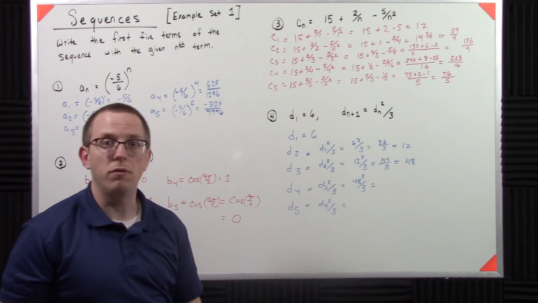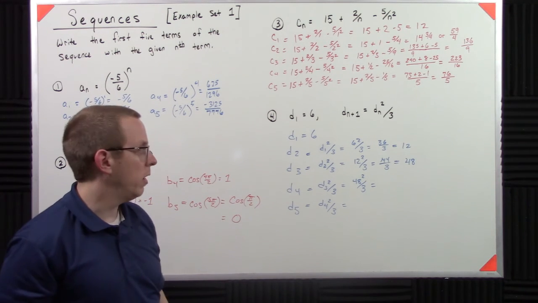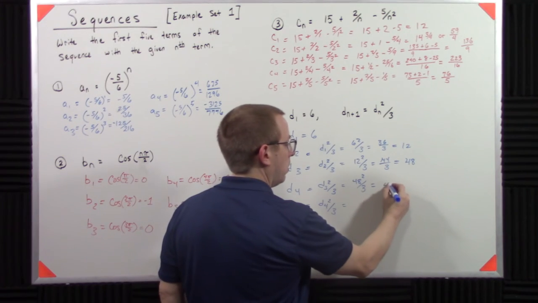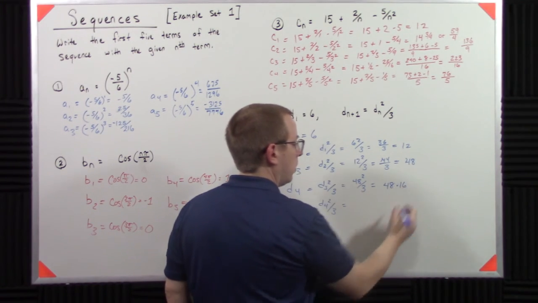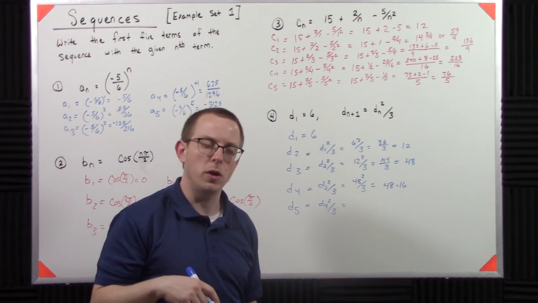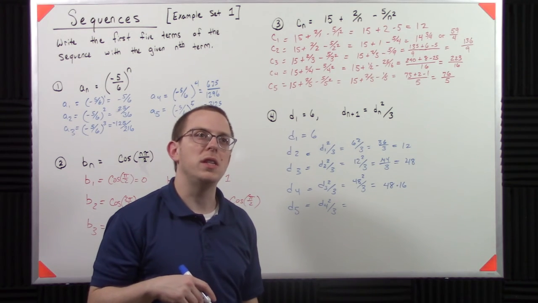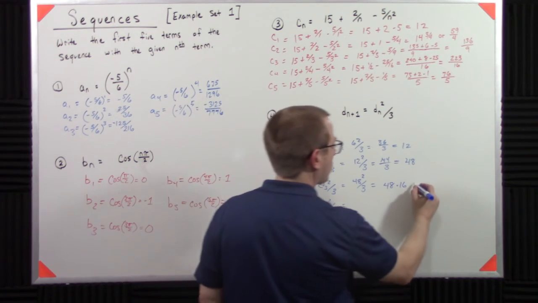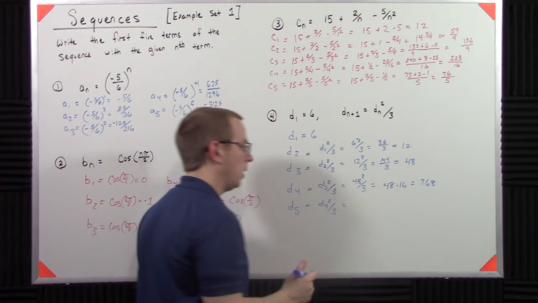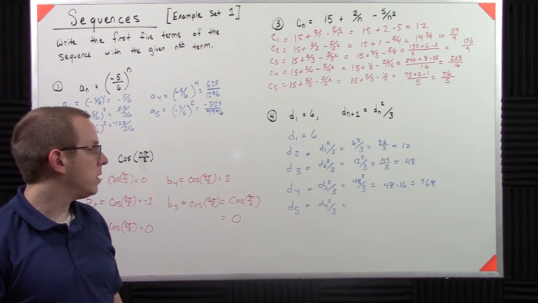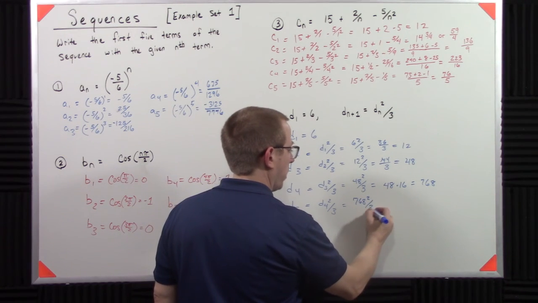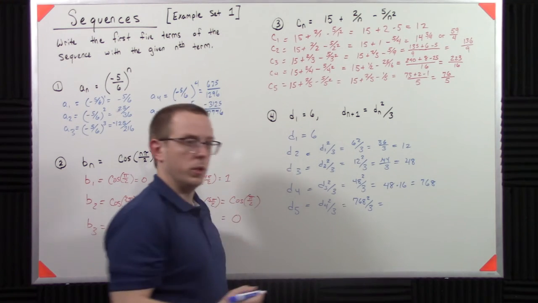And frankly, I don't know what 48 squared is. But this is going to be 48 times 16, which is 800 minus 32, so that'll be 768. And then finally, I have to say, all right, this is 768 squared over 3, which, ugh, right?